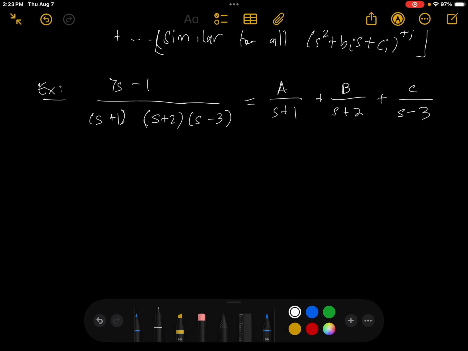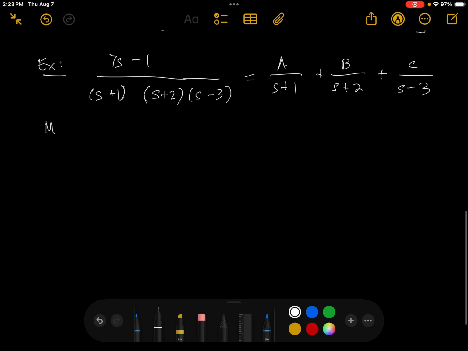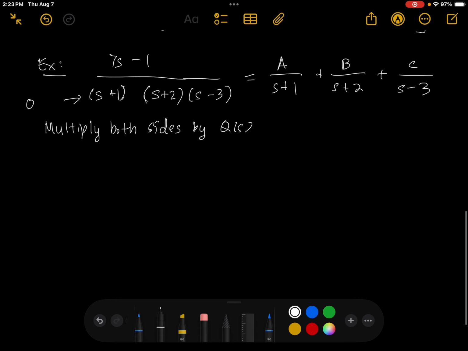Well, first, we're going to have to do some algebra. So let's multiply both sides by the denominator, Q of s. Just to be clear, that's Q of s, and this is our P of s.